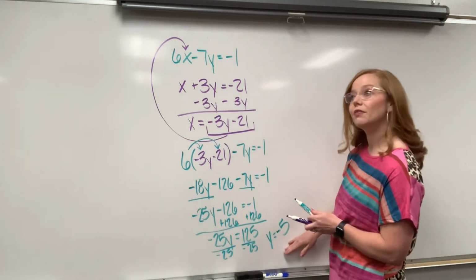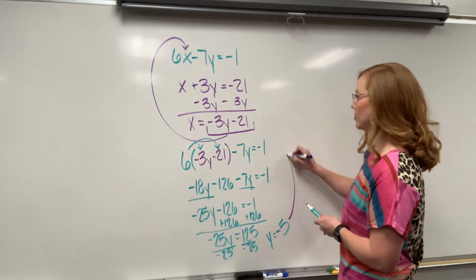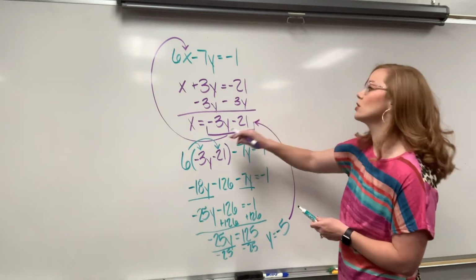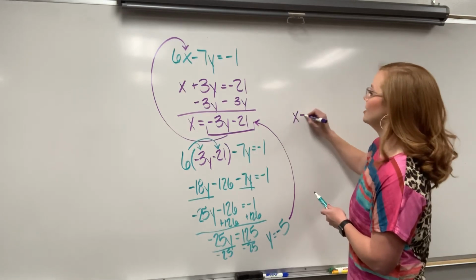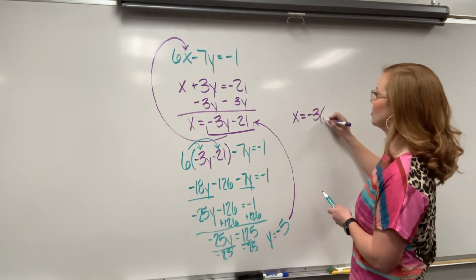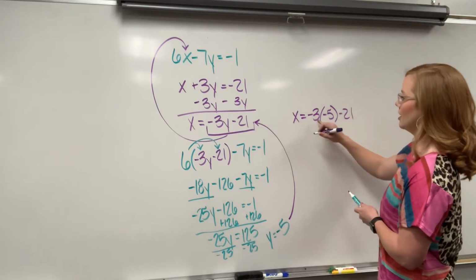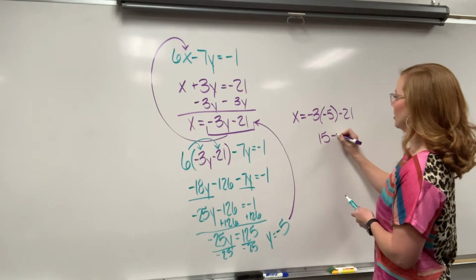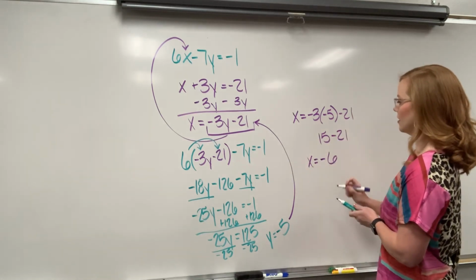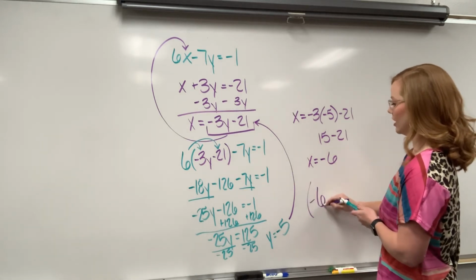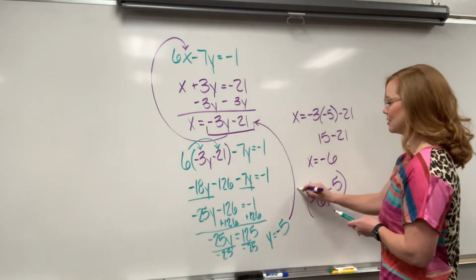Now that I have one of my coordinates, I can take that and plug it into one of my original expressions. I'm looking for x, so I'm going to plug it into one where I can find x. X equals negative 3 times negative 5 minus 21. Negative times a negative is a positive 15 minus 21, and we get x equals negative 6. So my ordered pair is negative 6, negative 5. And that's my solution.